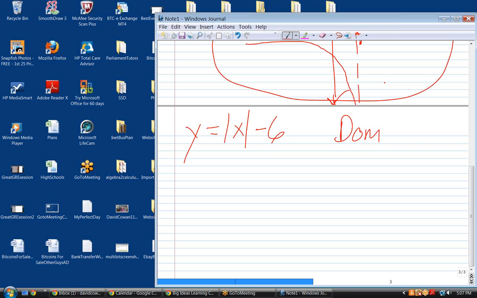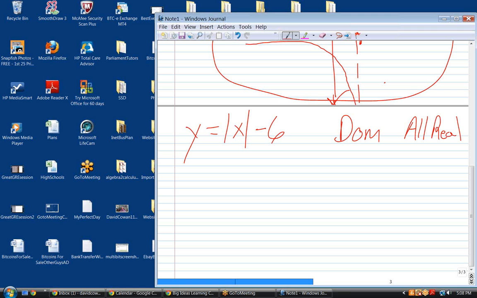So x can be anything but 6. It actually can be, it can be 6. x can be anything. I have no restrictions as to what I can plug in here. I can plug in 0, I can plug in fractions, I can plug in negative numbers, positive numbers. Okay? So domain is all reals.